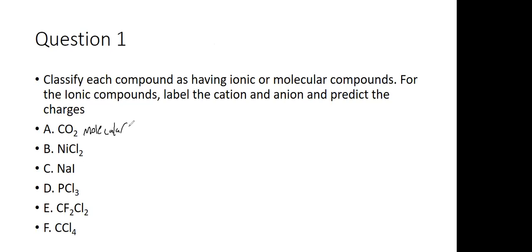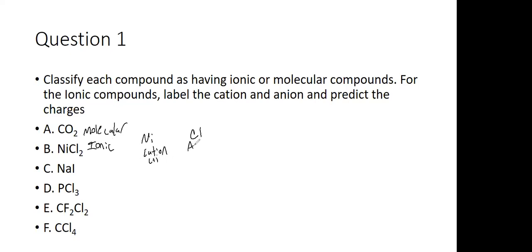While nickel and chlorine, chlorine is a nonmetal. Nickel in the middle there, element 28, is a metal. So a metal plus a nonmetal make an ionic compound. In ionic compounds, the metal is always a cation. Remember, cations are positive.